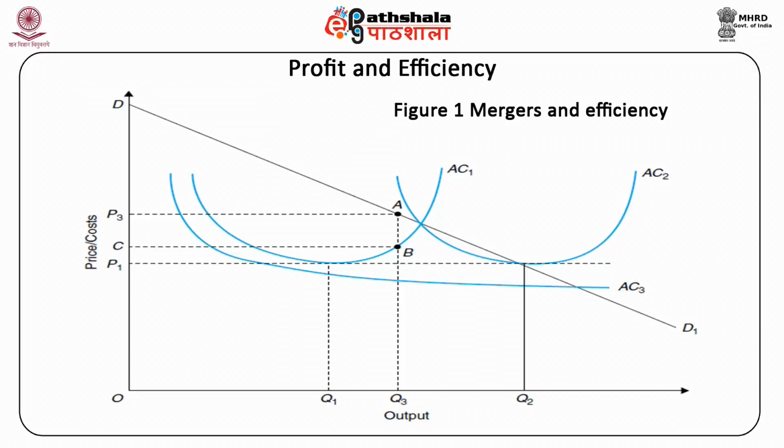These two cost curves are drawn such that OQ1 is equal to Q1Q2, and the average cost of AC2 is drawn with reference to a vertical axis rising from point Q1, so that both cost curves are identical.